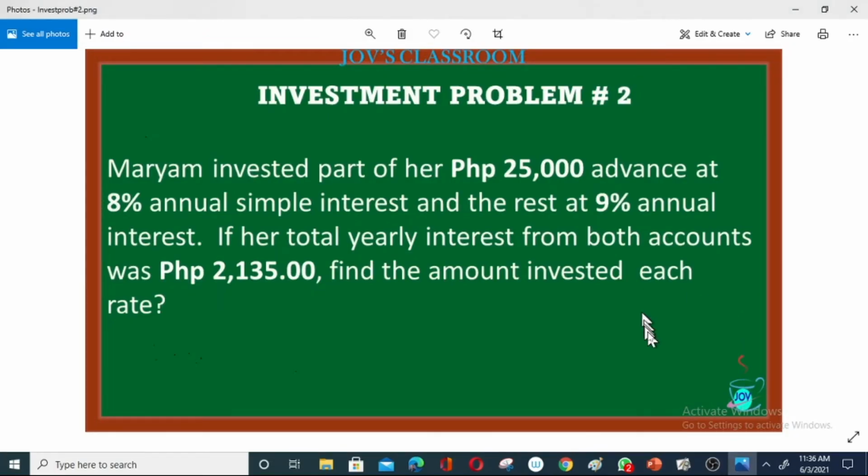Problem number 2 says that Mariam invested part of her 25,000 pesos advance at 8% annual simple interest and the rest at 9% annual interest. If her total yearly interest from both accounts was 2,135 pesos, find the amount invested at each rate.